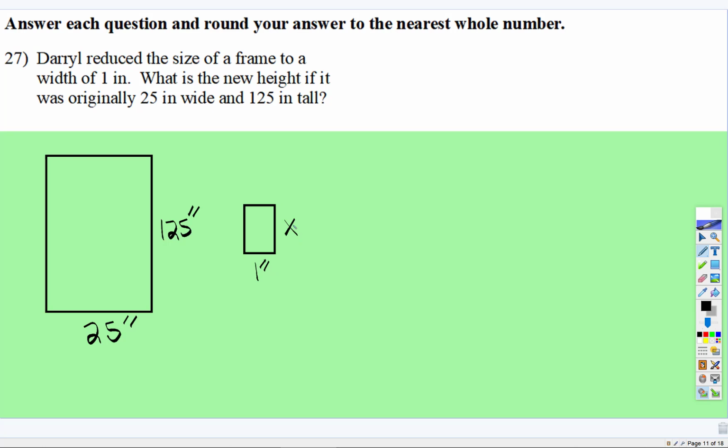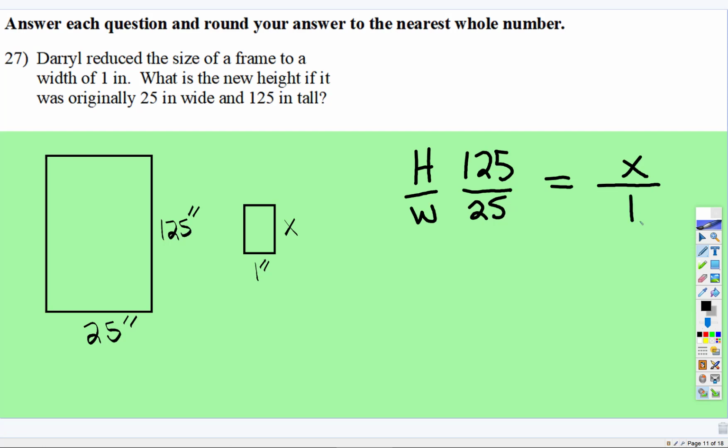So let's go ahead and do that. Let's say we want to keep the height 125 inches and the width of 25 inches proportional. Well, the height over on the left side is x and the width is 1.